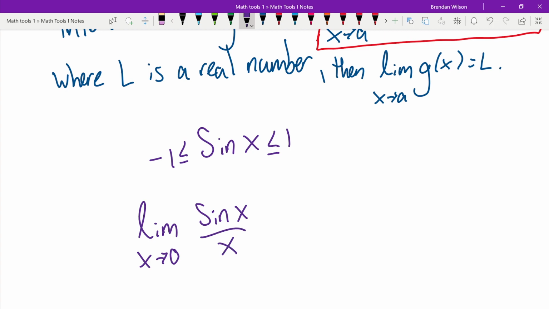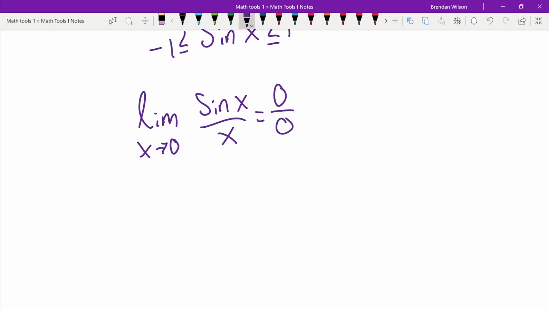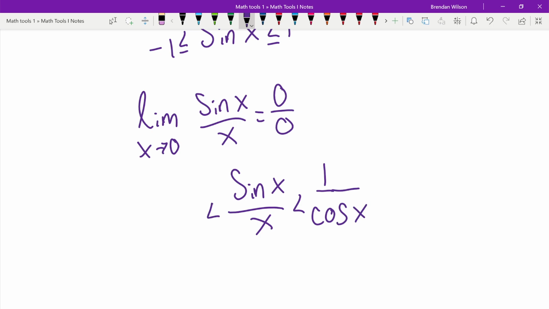But one that we did look at the graph of was sine of x over x. Specifically at 0, this is undefined, or I should say indeterminate. Sine of 0 is 0, x is 0, so we get a 0 over 0 form. You can show, basically just by drawing some triangles, that this is less than or equal to 1 over cosine of x, and greater than or equal to cosine of x. Now cosine of 0 is 1.